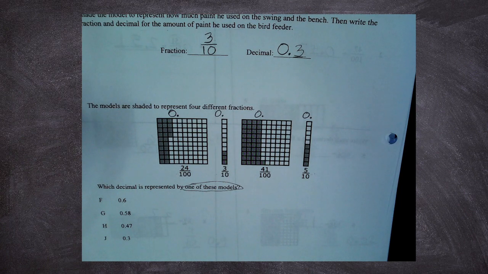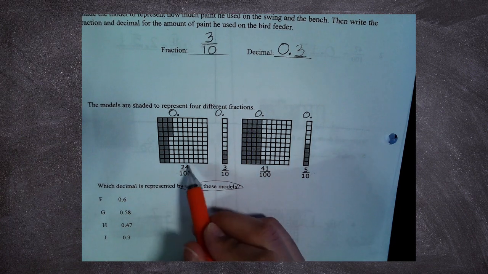Let's see, is she frozen? Bailey. There we go. Could you repeat the question? What decimal would match the fraction 24 out of 100? How would I write this as a decimal?